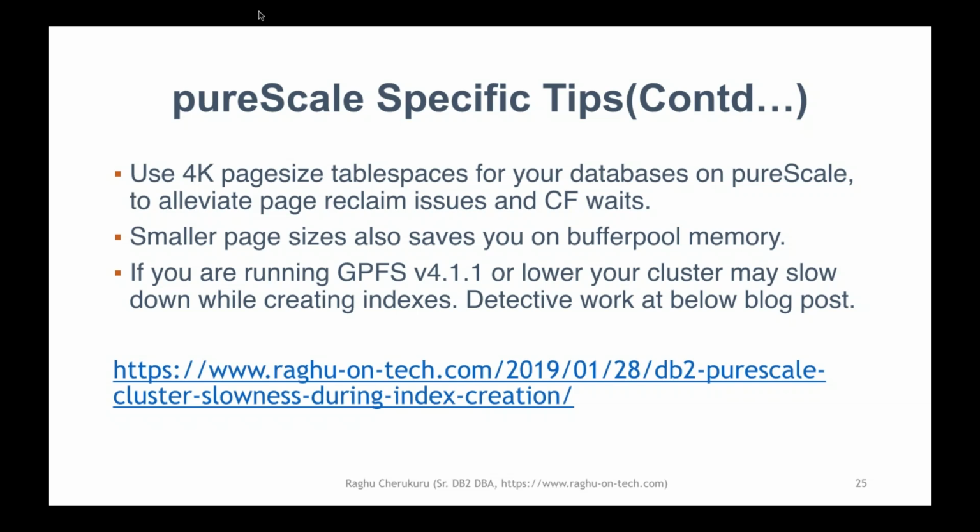Those threads service the IO requests from Db2 and then hand those requests over to the operating system kernel. Even during backups and restores, I haven't seen that issue at all. But for whatever reason, when we create indexes, the cluster used to slow down. The bottleneck was identified as the worker1 threads on the GPFS side.